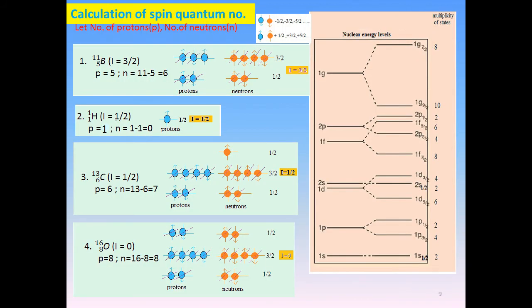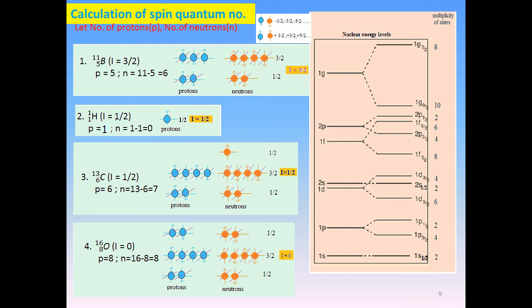Next, the calculation of the spin quantum number. So how is it calculated? Let the number of protons be P and the number of neutrons be N, differentiated by blue and orange. For example, here comes boron, which has mass number 11 and atomic number 5.